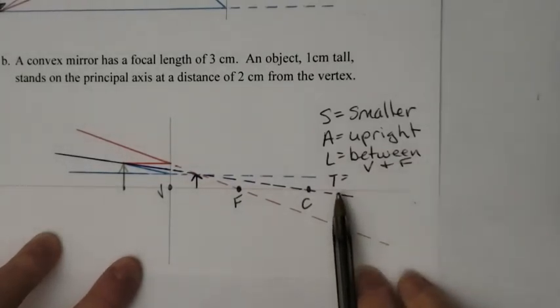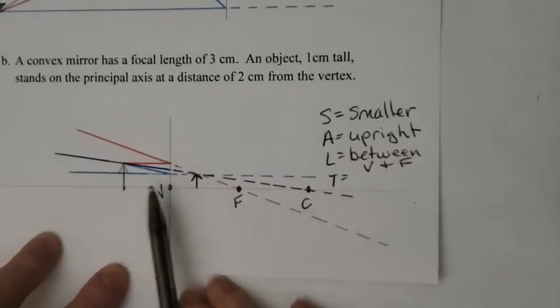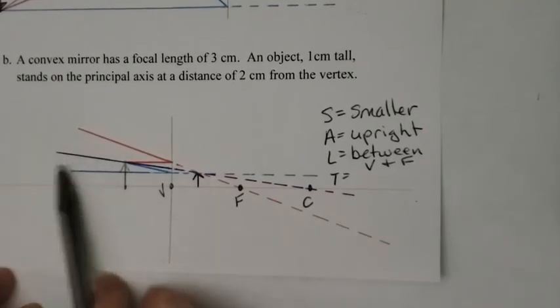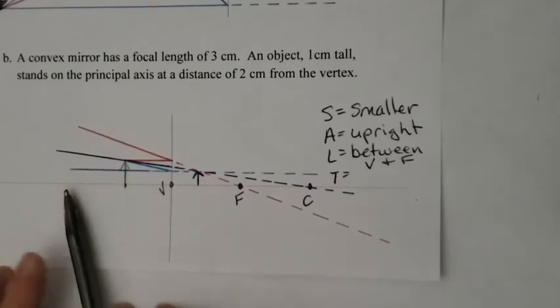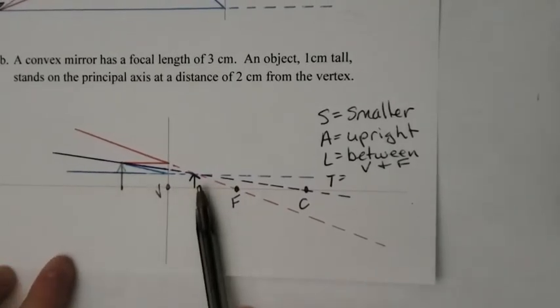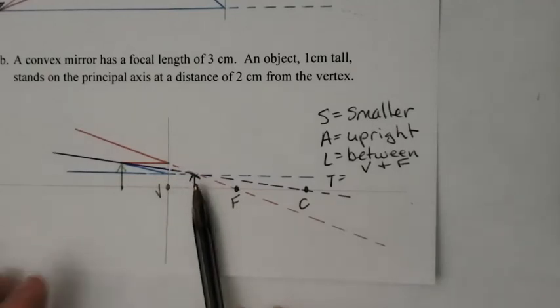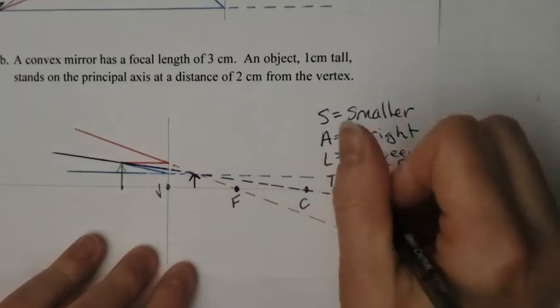And type, is it real or virtual? Well, on the left side, where we get our real images, these just keep spreading out more and more and more. So it's never actually formed on this side. But on this side, they all cross right here. But the beams don't actually get there. So that's when we call it virtual.